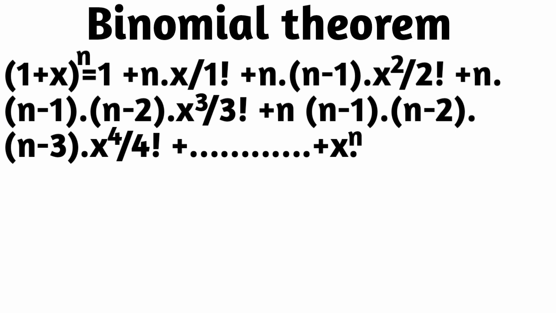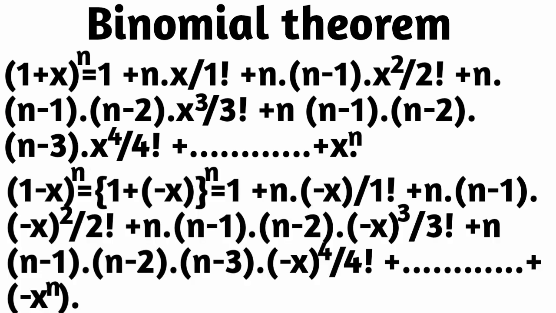By using this theorem, we can also prove that if we replace x with minus x, then the same expression can be represented as (1 plus (minus x)) whole to the power n is equal to 1 plus n into (minus x) divided by factorial 1 plus n into (n minus 1) into (minus x) whole square divided by factorial 2 plus n into (n minus 1) into (n minus 2) into (minus x) power 3 divided by factorial 3, and the same for the other terms also.